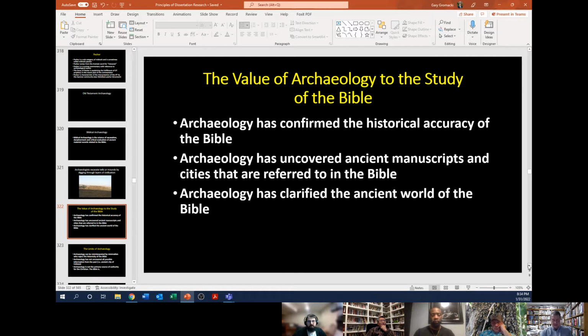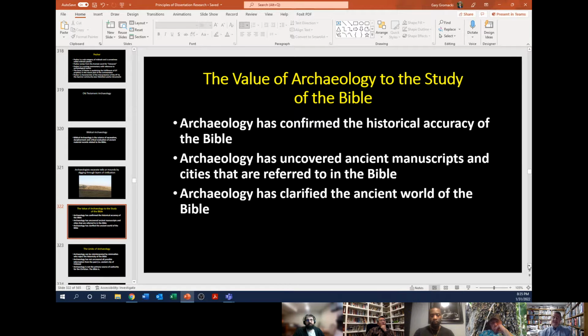That's a very important point. Ancient sites and civilizations like the Hittite civilization, and biblical characters like Pilate, when the Pontius Pilate inscription was found at Caesarea. Again, we have external archaeological confirmation of the existence of Pilate.